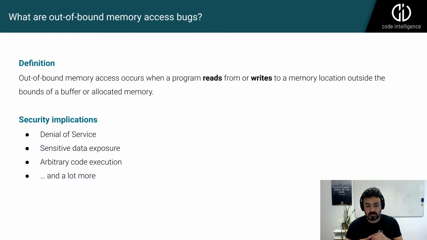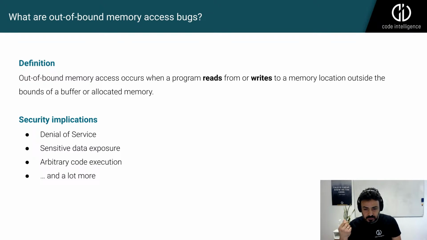They can cause a denial of service by crashing your program, as happened with the CrowdStrike incident, or they can cause leakage or exposure of sensitive data, as happened with the Heartbleed vulnerability, or they can enable an attacker to execute or control the code that you execute. And of course, they have further severe implications.